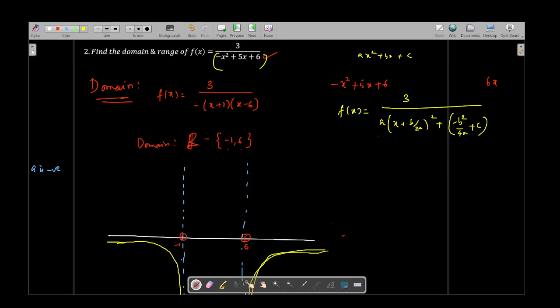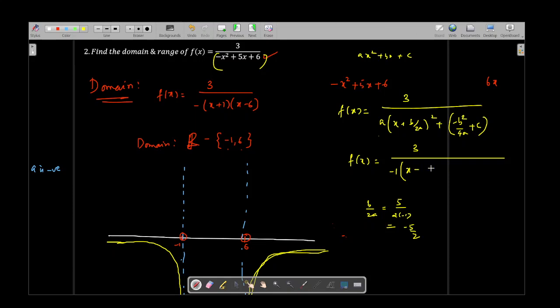So let us apply it for this function. F of x is equal to 3 divided by, what is a? A is minus 1. So I'll take minus 1 into x plus b by 2a. B is 5, and 2a is 2 into minus 1, which is minus 5 by 2.